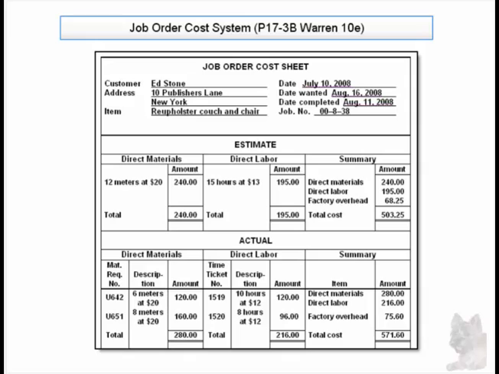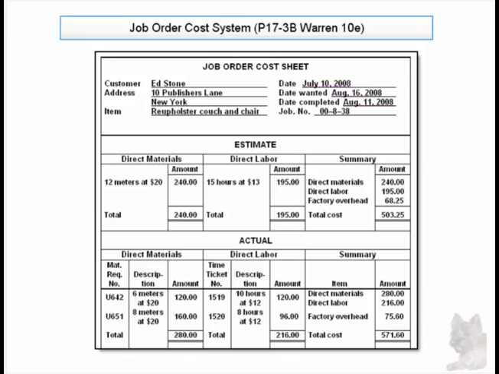Okay, now on this slide what you see is the job order cost sheet, the estimate, as well as the actual recorded. Now only the job order cost sheet and the estimate would be handed to the customer, of course, but I've illustrated the solution all but the commentary, which we'll take a look at in a moment.